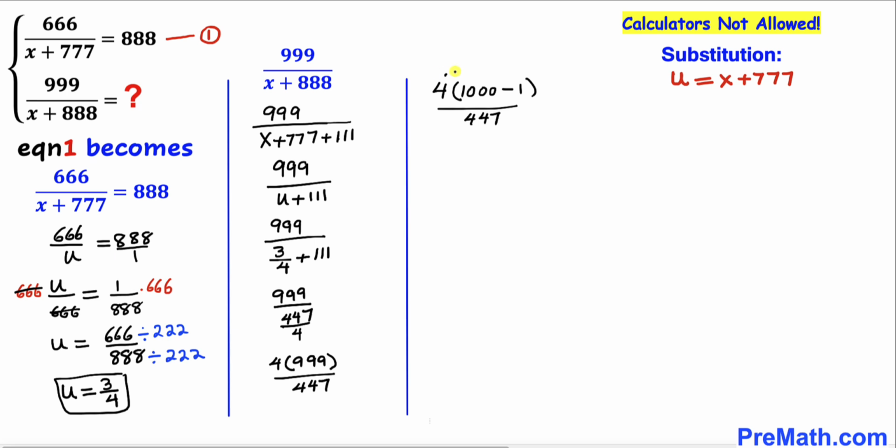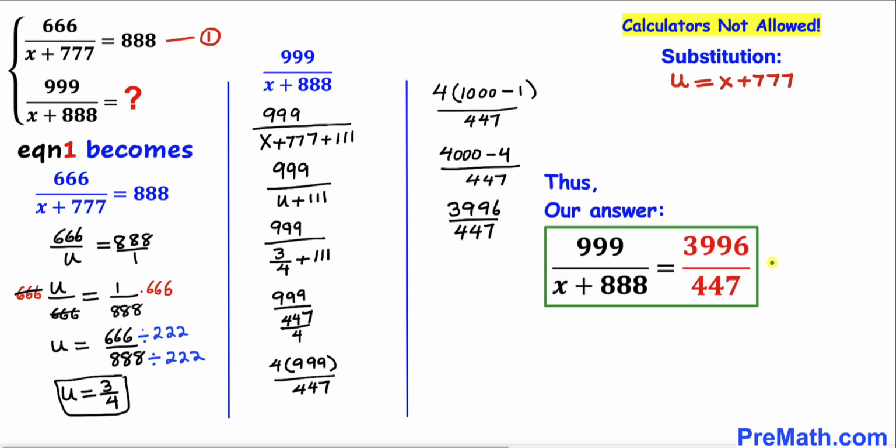And now let's go ahead and distribute this one. That is going to give us 4000 take away 4, which is 3996 divided by 447. So therefore this expression has been simplified to this fraction, and that's our final answer.